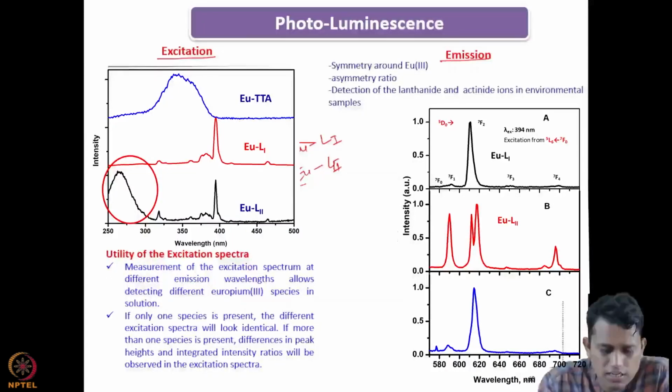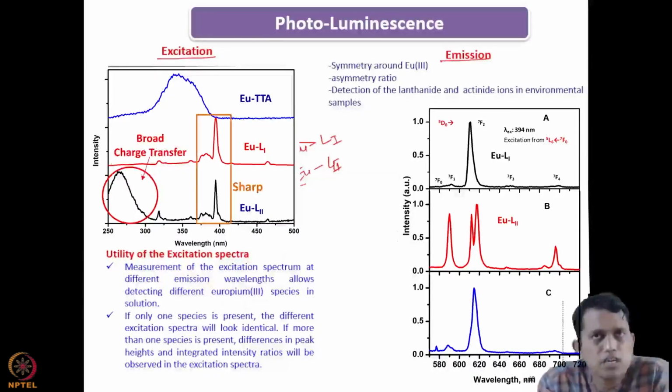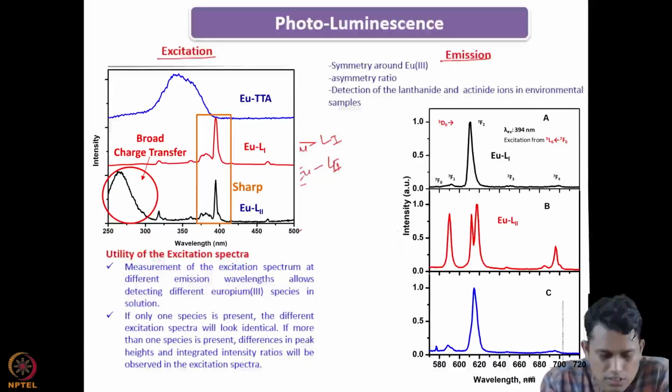These sharp transitions are in both spectra. We know that the f-f transitions are sharp, but you can see this transition is not sharp. This is a broad transition, and it is not an f-f transition. Rather, it is a charge transfer band, or charge transfer transition.